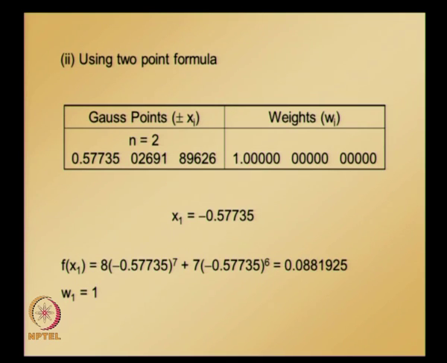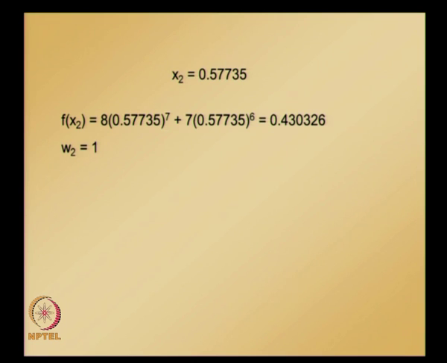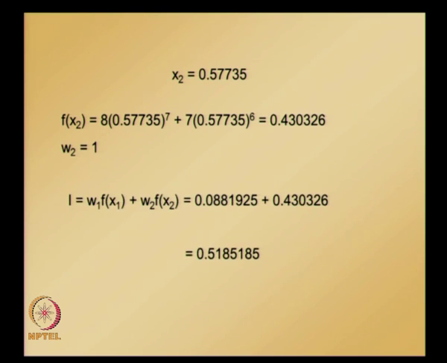Similarly, evaluate the function at the second integration point, which is 0.57735, the corresponding weight is also indicated. So, the approximate value of the integral is function evaluated at x1 times w1 plus function evaluated at x2 times w2, and the value is shown there.